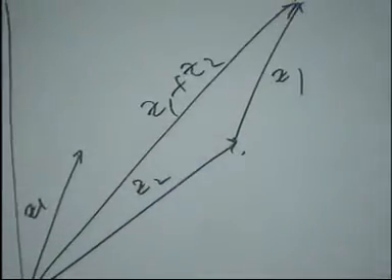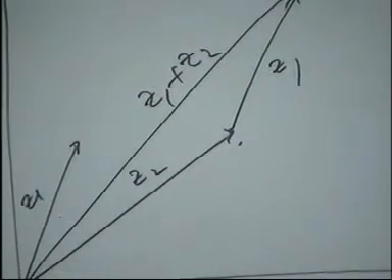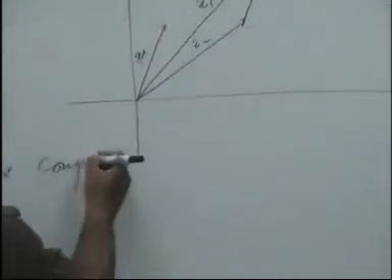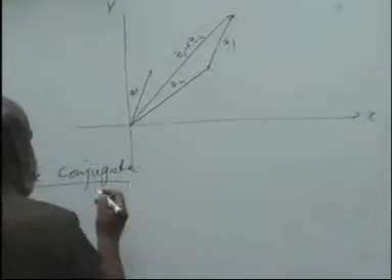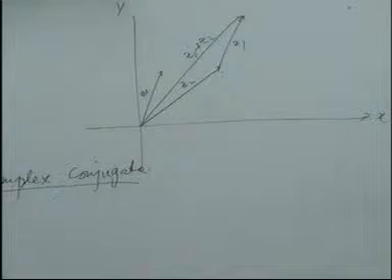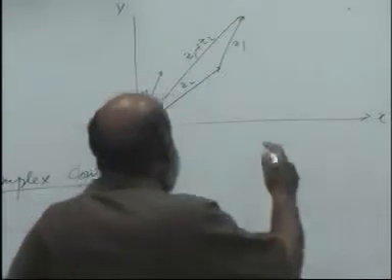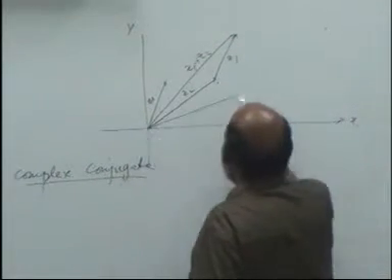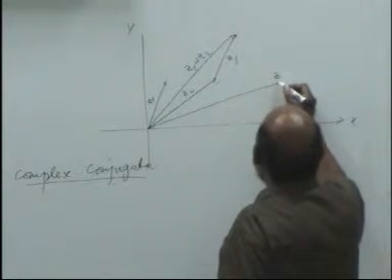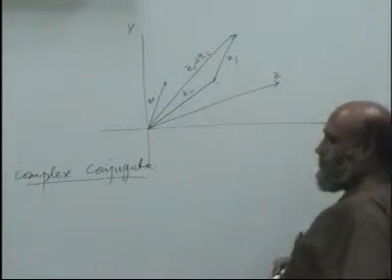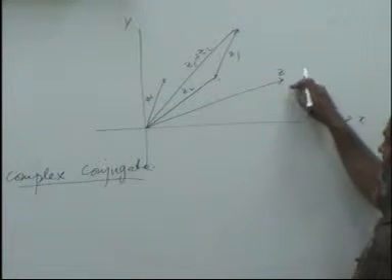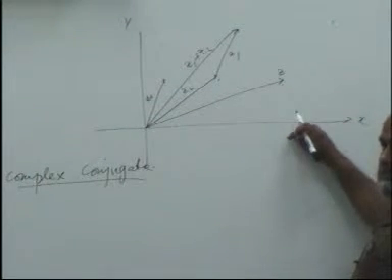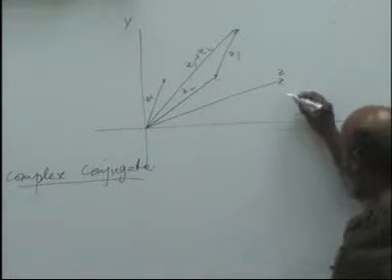Then complex conjugate. Complex conjugate is just the reflection of, for example, if we have, say this is z, if this is z, a complex number, then its reflection in the x-axis is this.